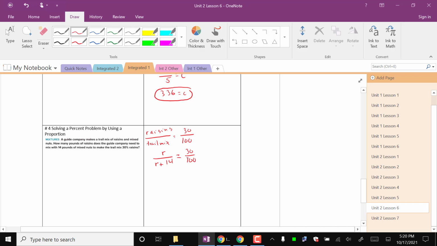So what we're going to do now is multiply both sides by R plus 14. So it's going to give me R equals 30 times R plus 14 over 100. Now I'm going to multiply both sides by 100.